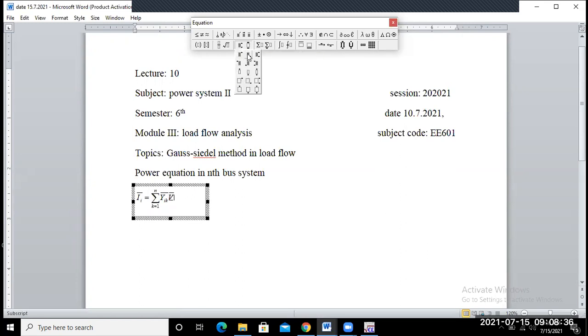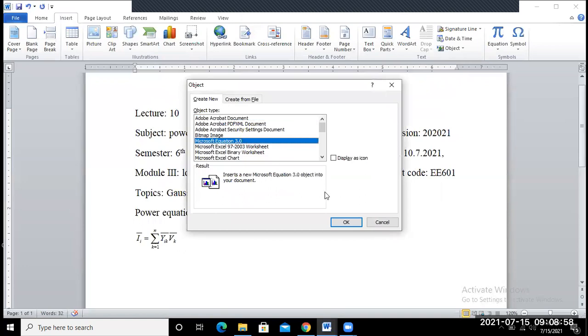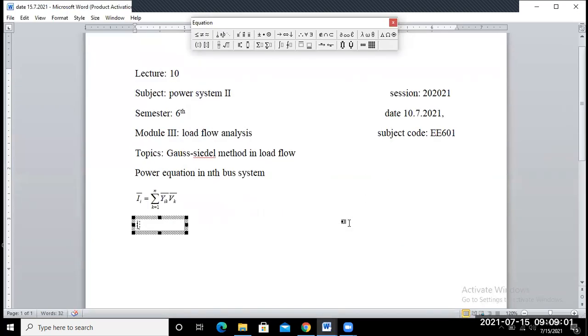Now, how can we write the complex power injected in the ith bus? The complex power injected in the ith bus is Si equal to Pi plus jQi. Si is your total complex power, that means SGi minus SLi: the total power generated at the ith bus minus the total power taken from the ith bus.